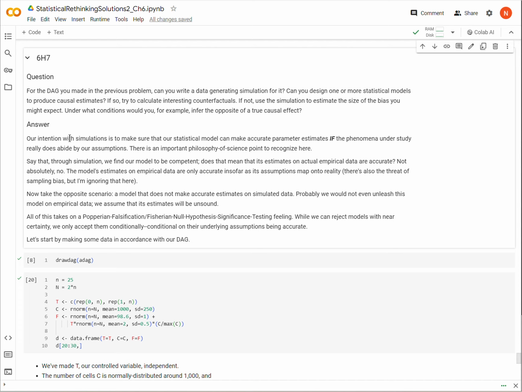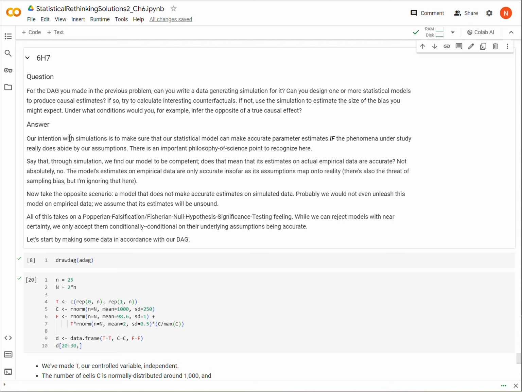But that does not mean that the model is competent for the empirical data. It's only competent if the actual system under study conforms to our assumptions, to our hypothesis. It could be that even though our model performs great on our fake data, the real world is not built in the way that we've made the fake data.